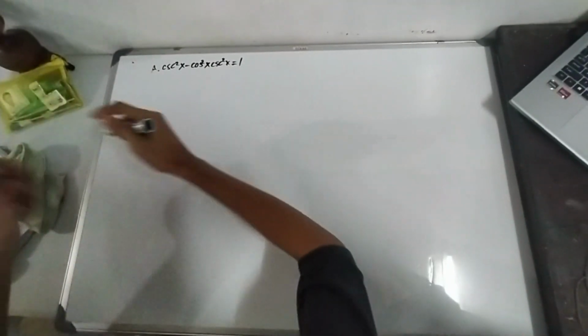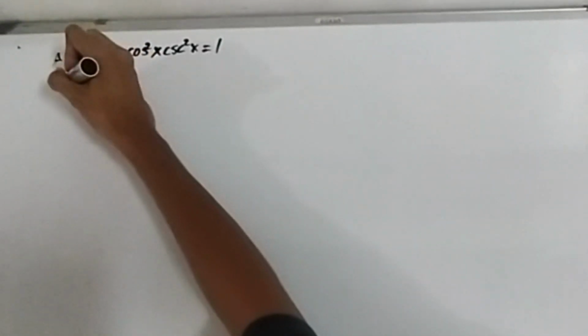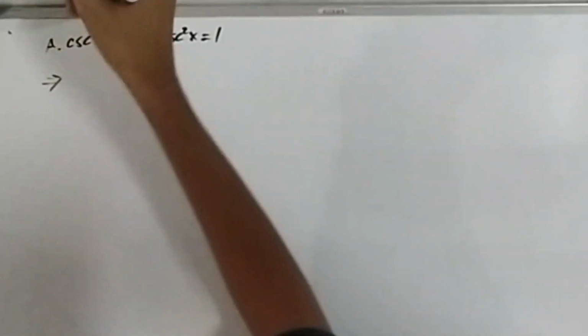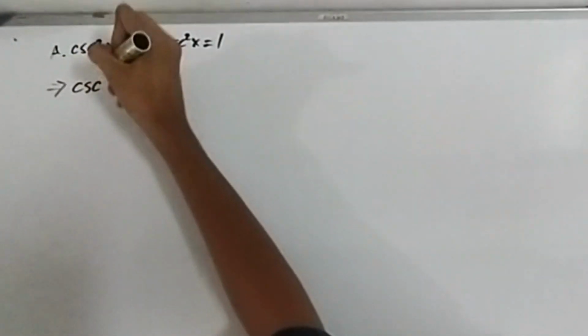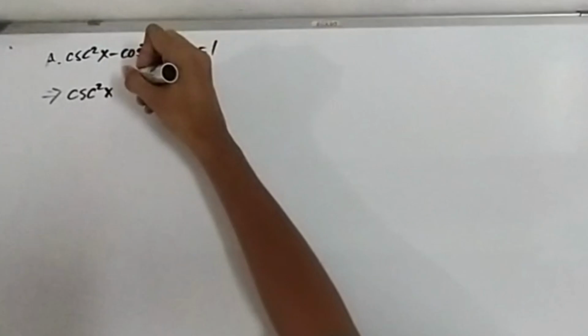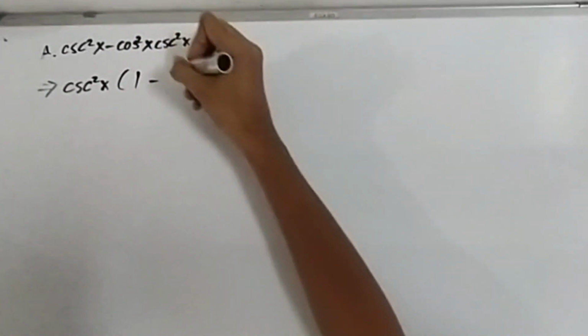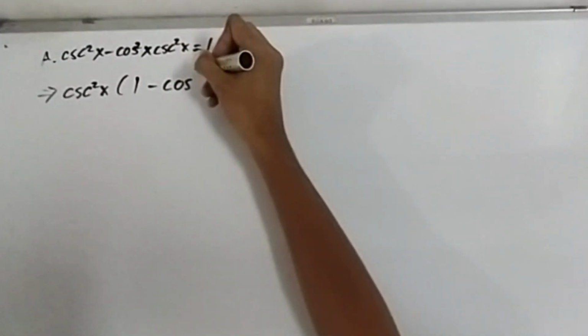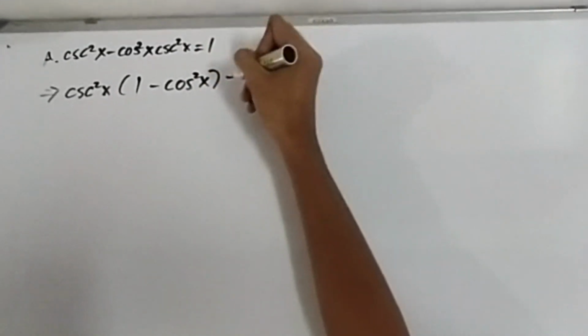So it's going to be cosecant squared x times 1 minus cos squared x, the only one remaining.